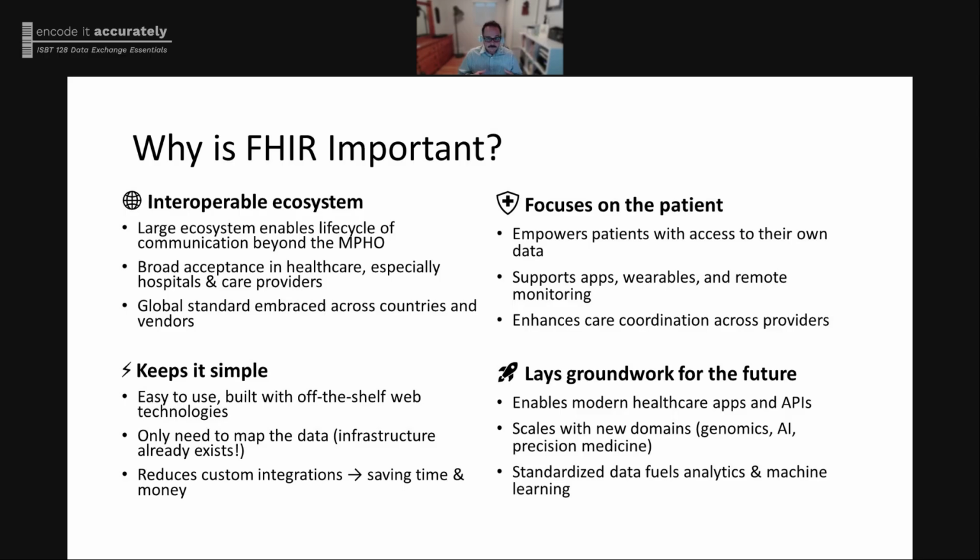And it lays the foundation for the future, supporting genomics, AI, precision medicine, and advanced analytics. And these are only things that you can do with discrete data. This is a really exciting time in healthcare interoperability. And it's also really great to see ISBT 128 at the forefront.